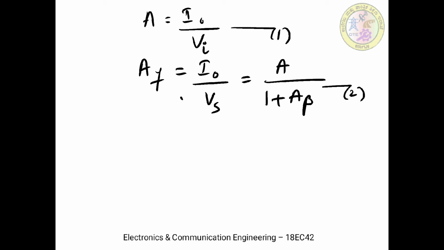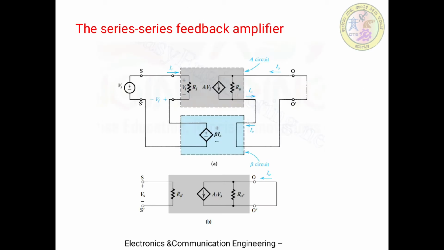Now in order to derive the input resistance RIF, we will take the help of the equivalent circuit shown in figure B. Here we can see RIF, and then there is a dependent current source AF into Vs, and output resistance ROF connected in parallel to the current source.